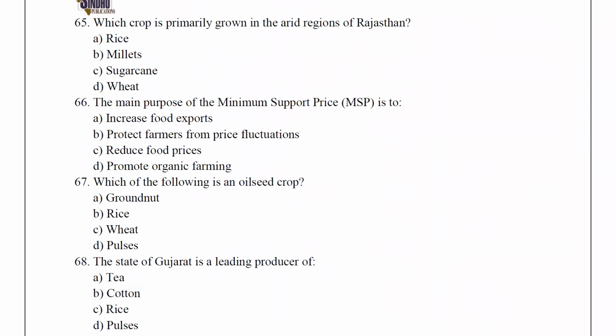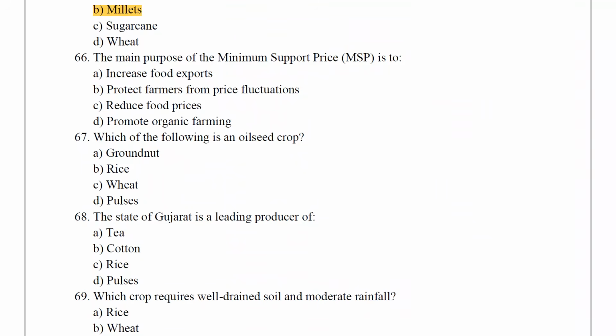Which crop is primarily grown in the arid regions of Rajasthan? Millets. The main purpose of the minimum support price, MSP, is to protect the farmers from price fluctuations.